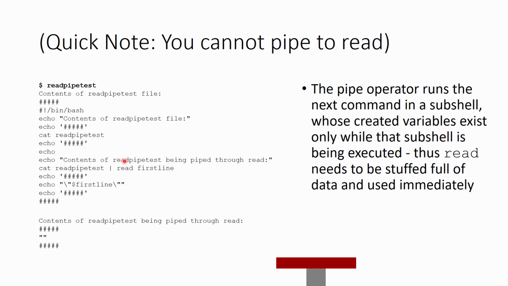And in this shell, the data is read into the variable called first line, and then this particular subshell is destroyed, and the value of that variable is lost. First line as a variable is out of scope compared to the rest of the script that was running. So this script doesn't have any idea what the variable first line is. That was part of some subshell that it has no concept of, so the value is empty.